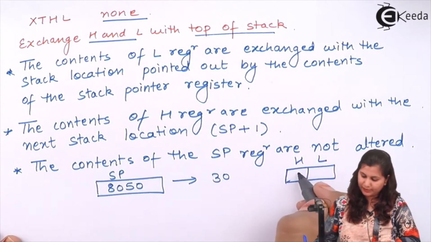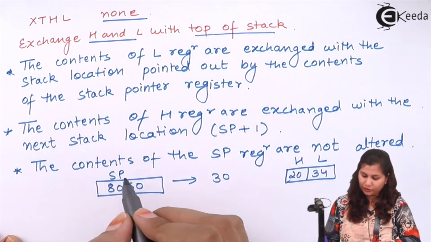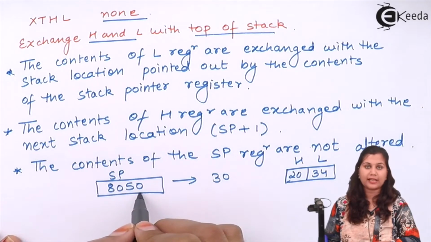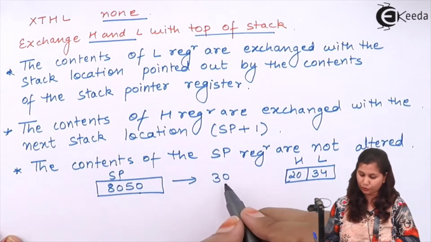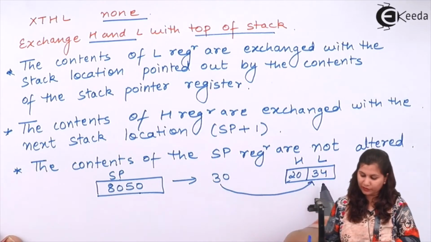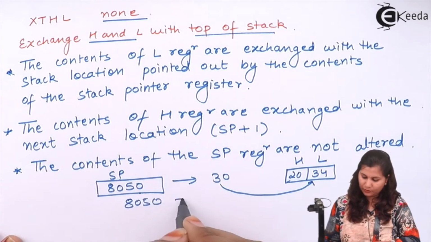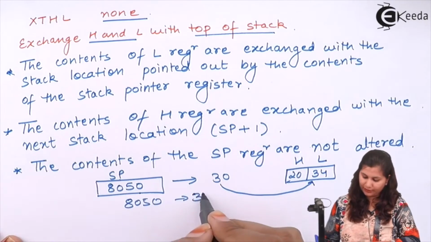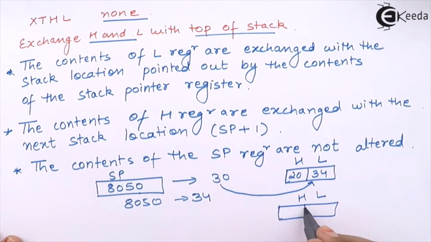The HL register pair, suppose it has 2034. The stack pointer is initialized at 8050 and this memory location has 30 stored. So this will be exchanged with the L register. So now at 8050, 34 will come and in the L register we will have 30.